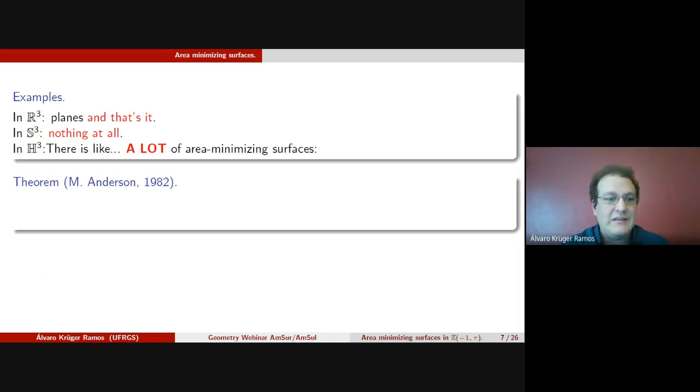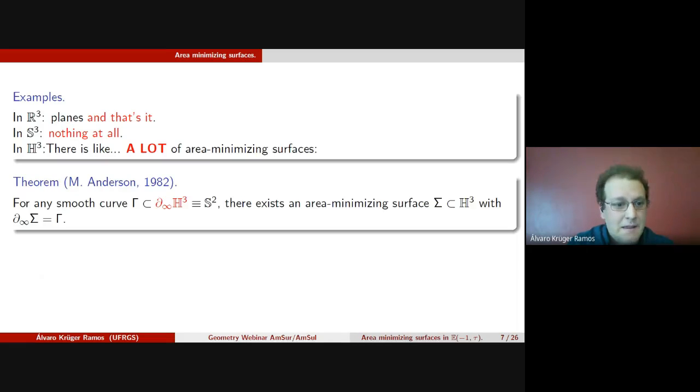And this can be seen by this theorem by Michael Anderson, 1982. I think it was published in Inventiones. And it states something like this. If you have a smooth curve in the asymptotic boundary of H3, which I will define in the next slide, then there exists an area minimizing surface with that particular asymptotic boundary.